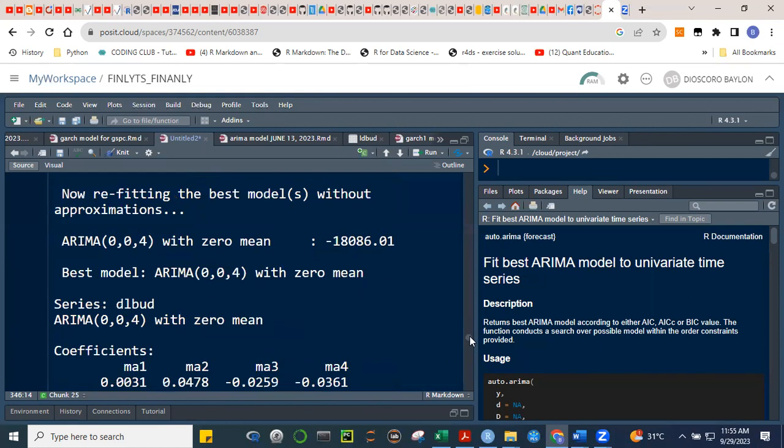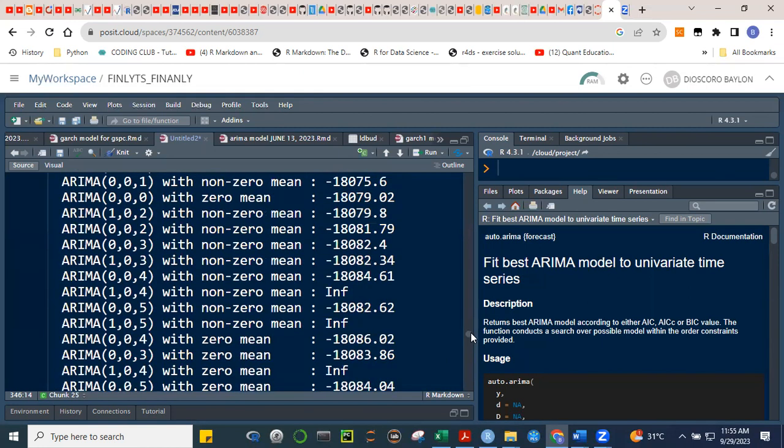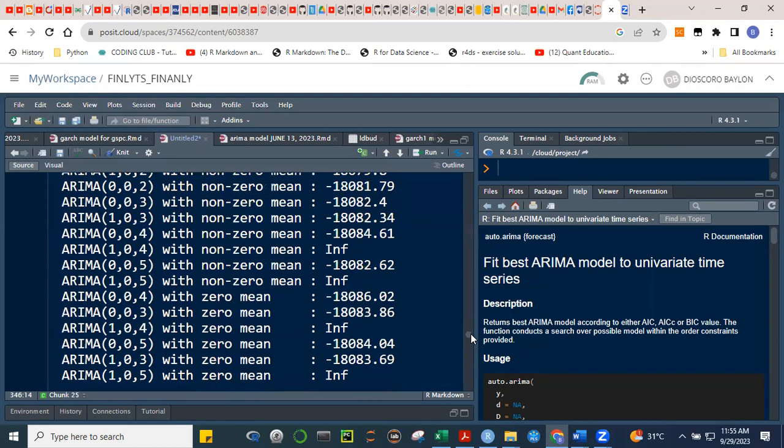All right. So what is the best model? Turns out that based on AIC, which is this one, these are the AICs it used. The lowest was 18084.61. So if you compare that with the others, this one, sorry, this one, with non-zero mean.